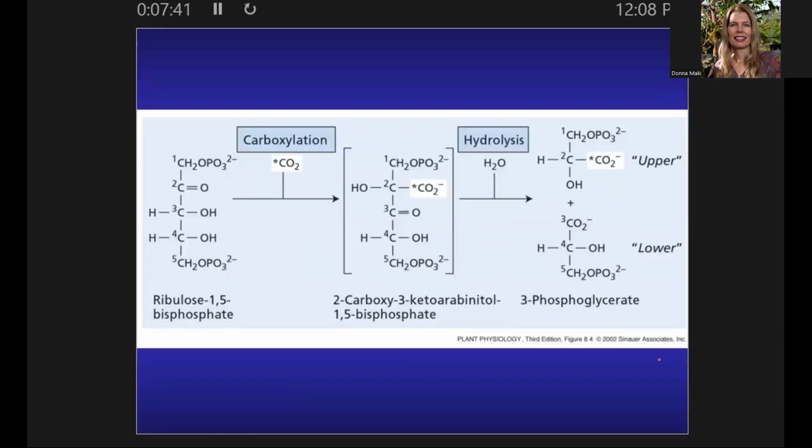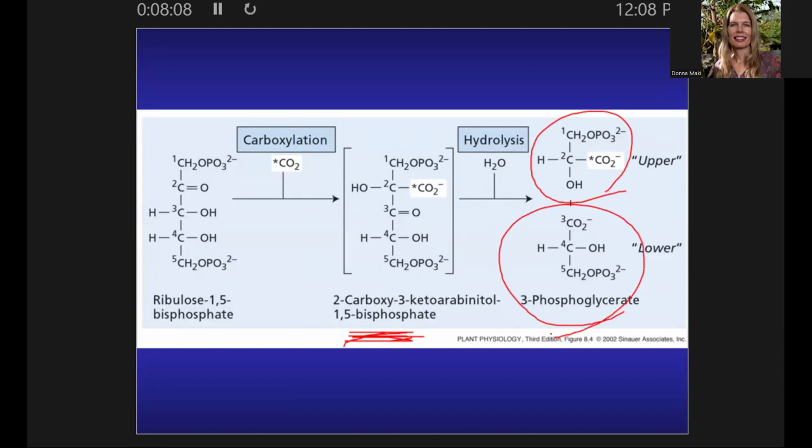So this is the full reaction that they missed initially. They didn't see this unstable 6-carbon here. But basically, here's your ribulose 1,5-bisphosphate on the left, CO2 coming in, they show where it connects. And then that 6-carbon quickly breaks into 2 identical molecules of PGA, phosphoglycerate.